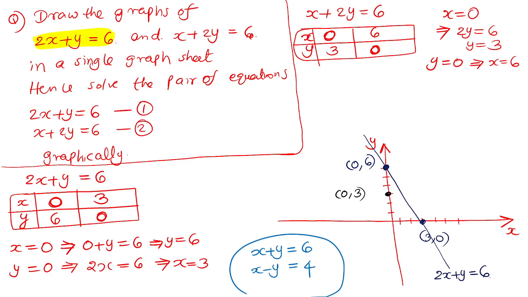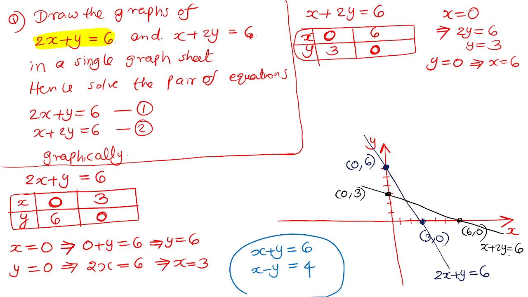You have to draw the graph using scale and pencil. 6 comma 0 will be here. Join them. My graph is not so perfect. This will be x plus 2y equal to 6.